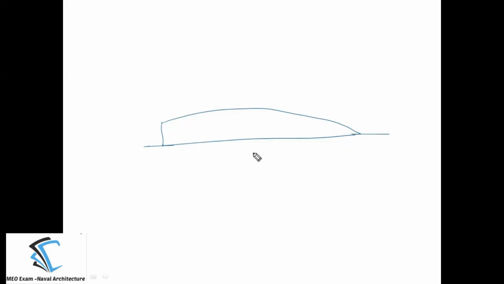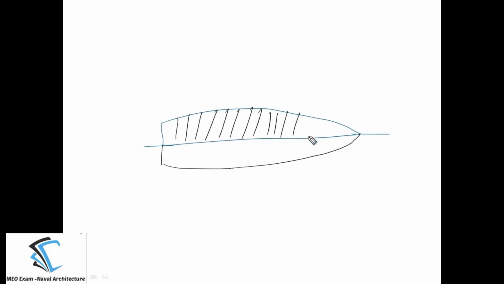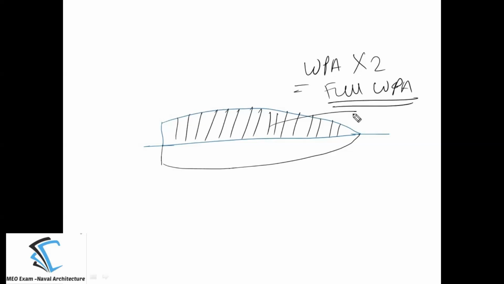There will be a mirror image on the other side. If you do the calculation only for this part, that is more than enough; calculate the water plane area of the half part, multiply by 2, and you will get the full water plane area. Okay, keep this in your mind. So this is the water plane, which we also call the water plane area.